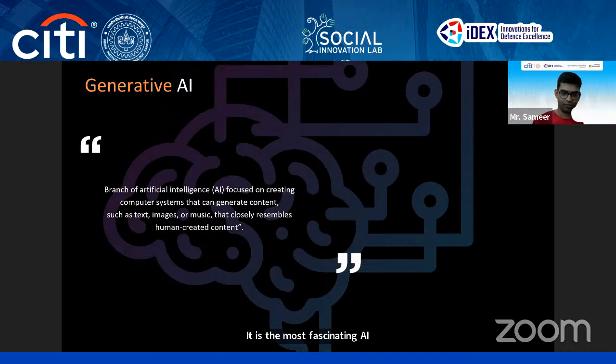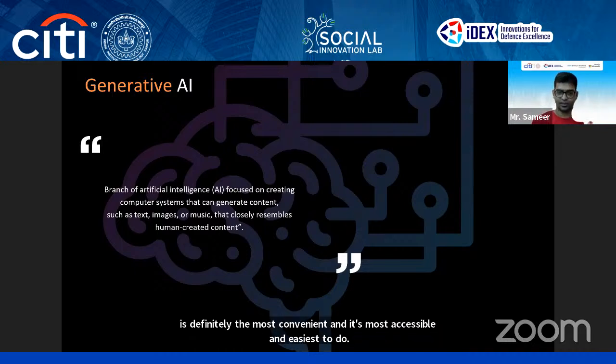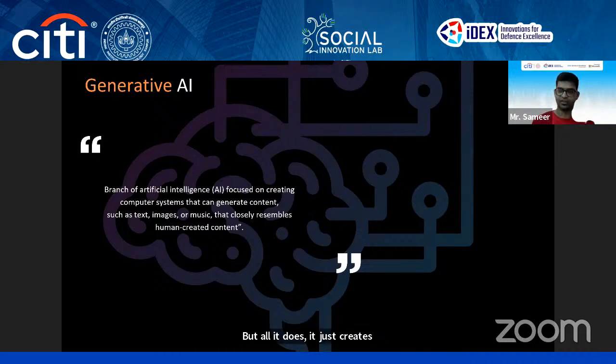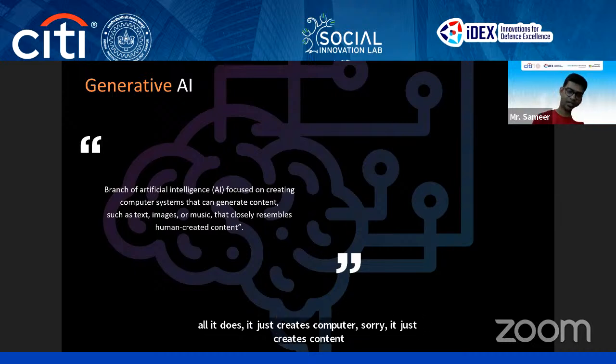You don't need any formal training in using ChatGPT, you can just ask it questions and it will answer. So it is definitely the most convenient, most accessible and easiest to use. But all it does is create content such as text, images, videos, and audio nowadays.